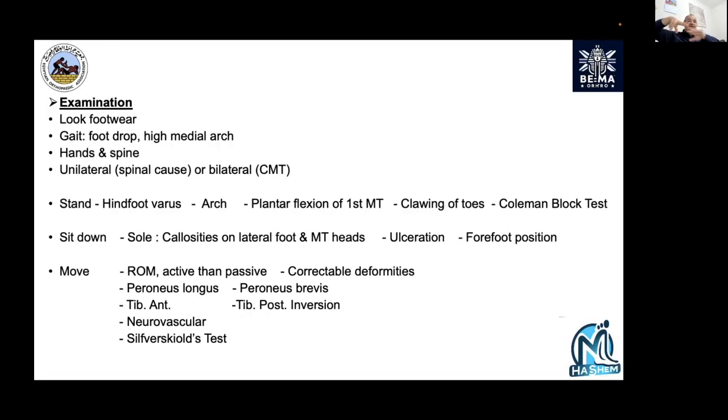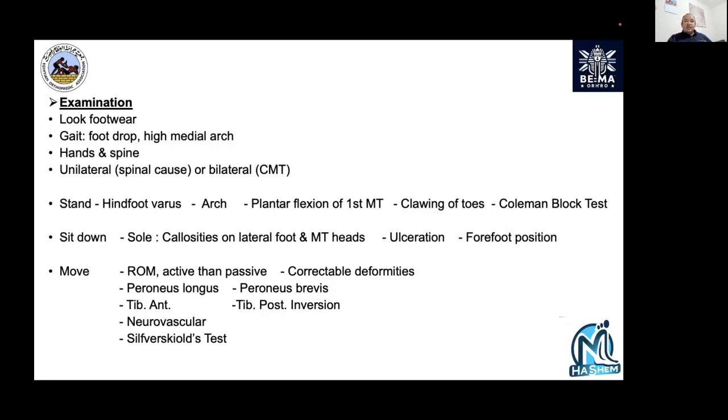This is the standard Pes Cavus, which is forefoot driven. If this doesn't happen, it means either the hindfoot is the origin of the deformity, or the hindfoot has become rigid and arthritic and is not moving anymore. So the Coleman block test will give you two results. Number one, correction of the heel varus on raising of the first ray, which means this deformity is driven from the forefoot and the hindfoot is supple.